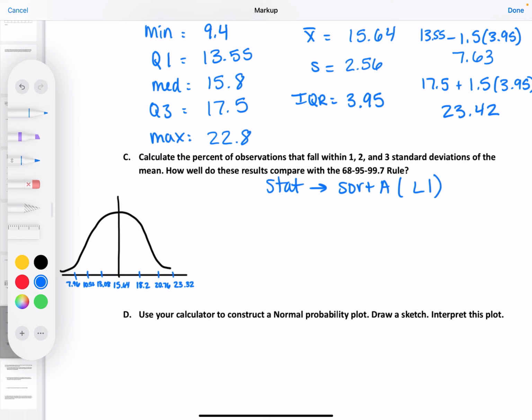So then you just have to see how many fit in each of the standard deviations. So you'll just have to count them up.